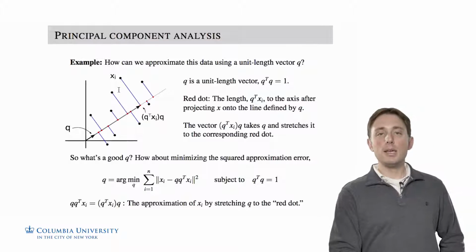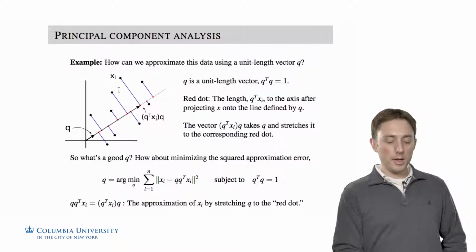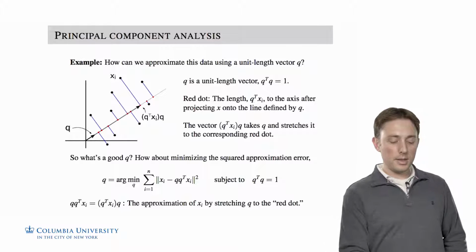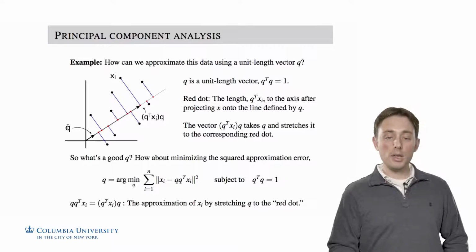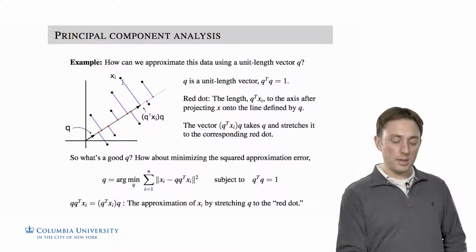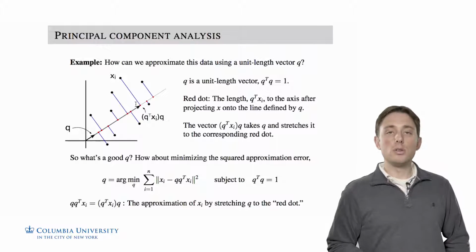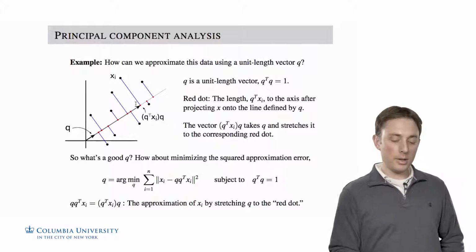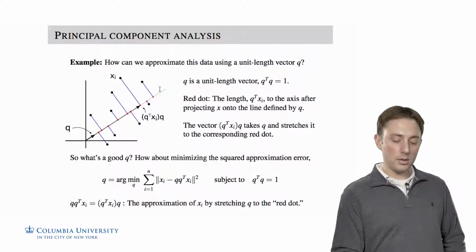PCA essentially does this. It says take this vector q, make it unit length, and now represent each of these data points by dropping a line perpendicular to the line constructed by the direction of q. So this arrow q defines this line here, and now we're going to take each of these points and drop it to that point there, perpendicular to q.